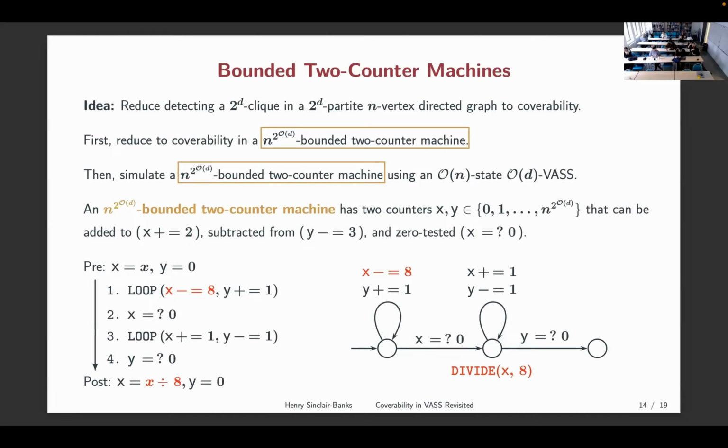If you have just 2 counters, you lose 1 exponent in this encoding. So if you have 3 counters, then you remove 1 exponent from the bound and you get that bound for the results.